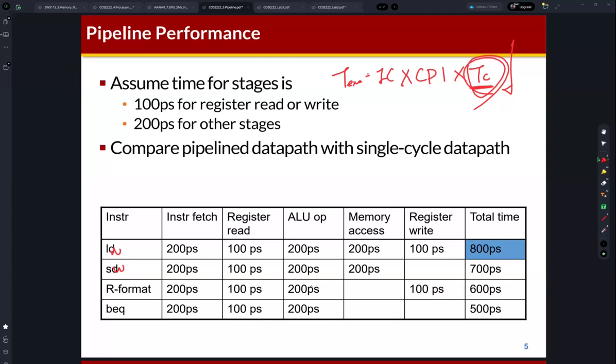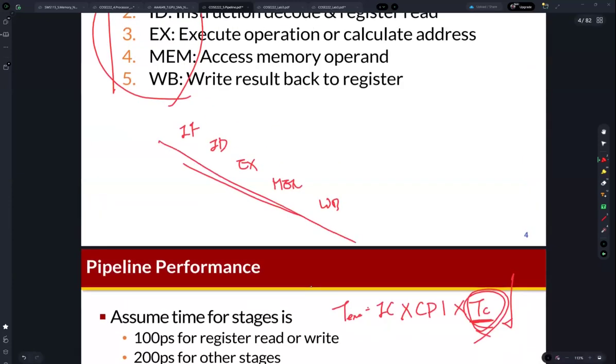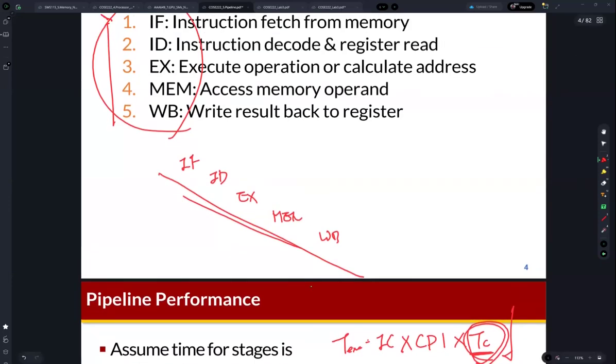So the delay of each stage needs to be balanced. If not, the longest delay will decide the clock period. For example, let us suppose there are 5 stages here, and the delay of execution is 500 picoseconds. This is 100, this is 100, this is 100, this is 100.